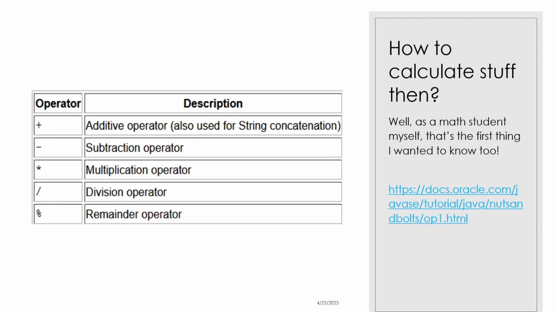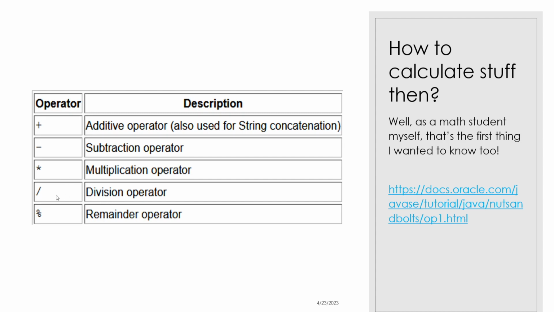And another thing, as a mathematician myself: we have variables, we have values assigned to variables. How do we use them? Well, for that we use operators. For example, if we want to add, we use a plus. If we want to subtract, we use a minus. If you want to multiply, you use the star on your keyboard.